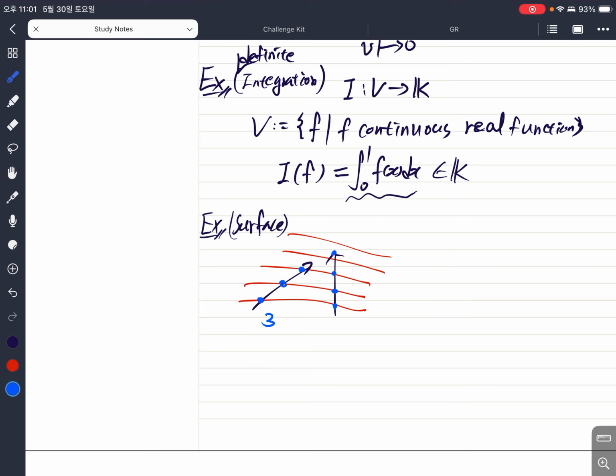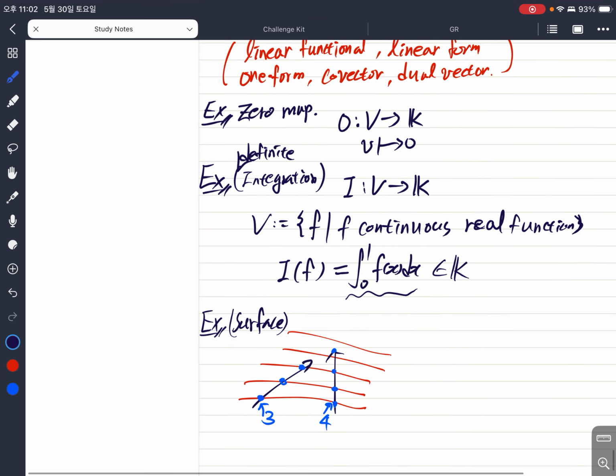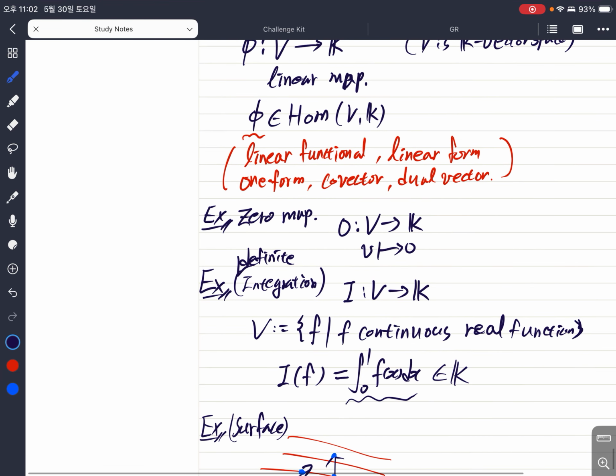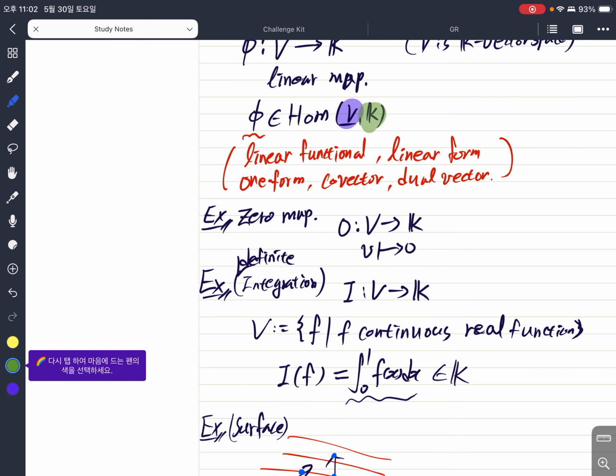This is 3, this is 4, and this is just a number. So this is one graphical way to see the one form. So what you have to remember is that its domain is vector, and its target is just a scalar.